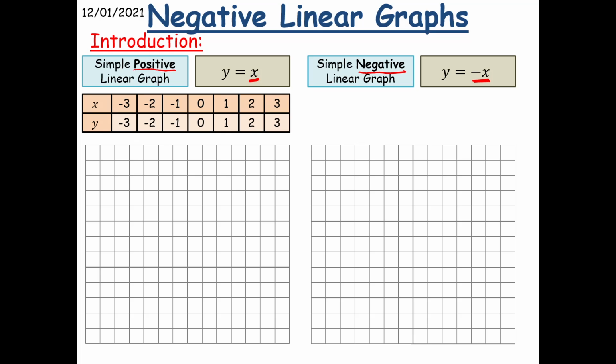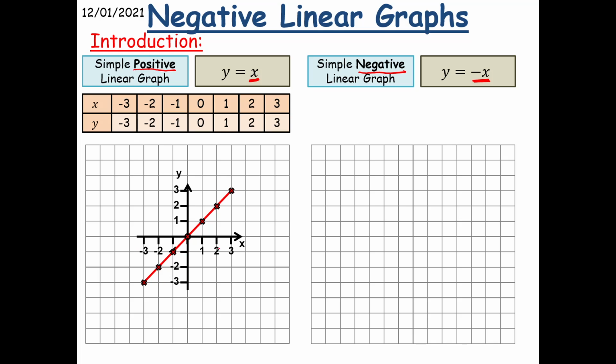We plot those on a graph, and we get these points. We join them together with a straight line, and it should be a straight line. All the points should be on a straight line. If the points are not on a straight line and you're trying to draw a linear graph, then you've done something wrong.